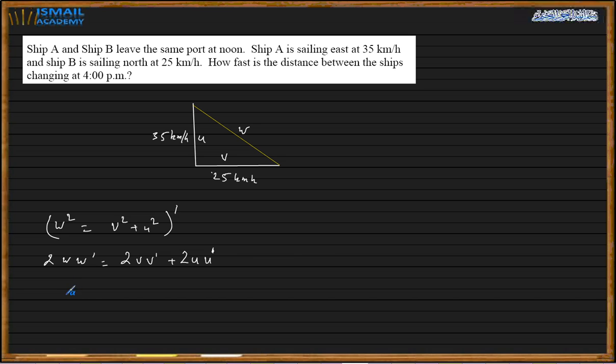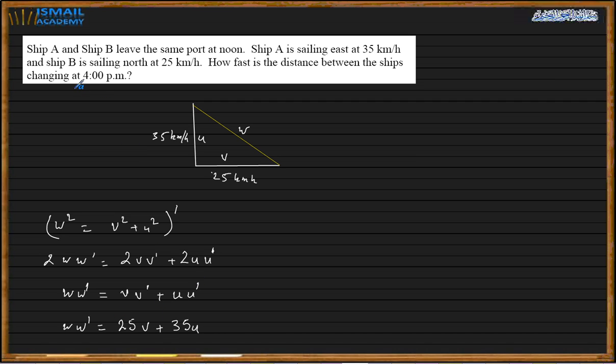Divide the whole thing by 2, and you end up with w w prime equal to v v prime plus u u prime. We know that u prime is 35 and v prime is 25. So w prime is (25v plus 35u) over w, because the derivative is the speed.